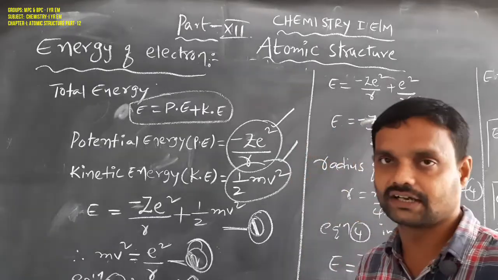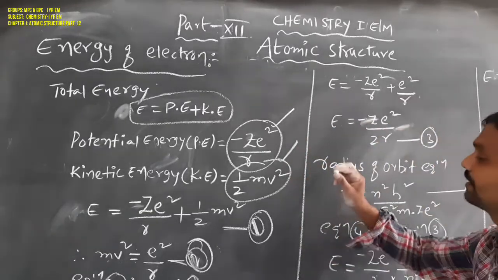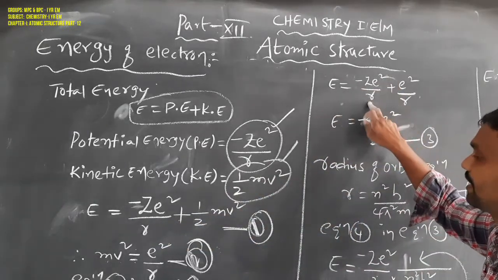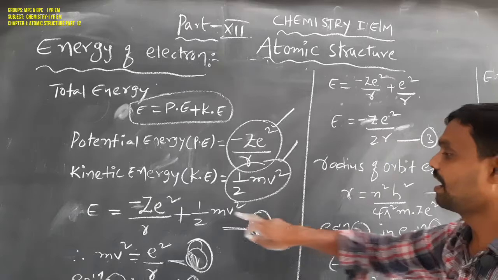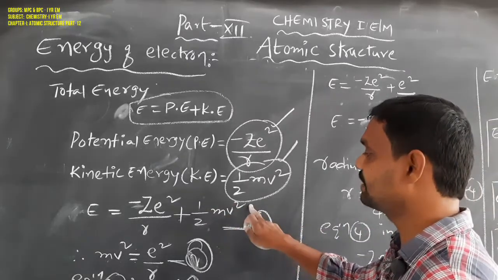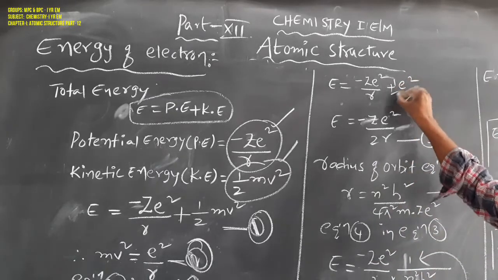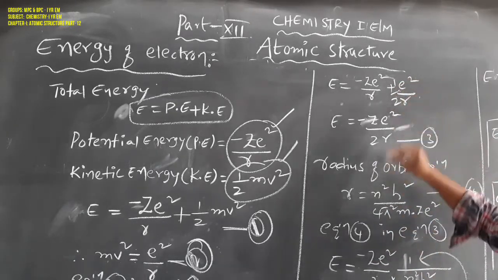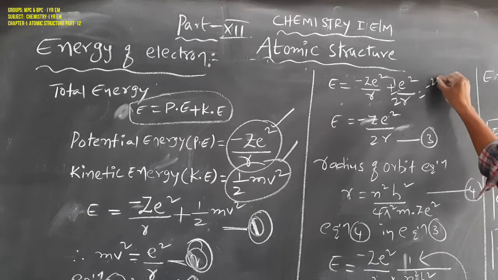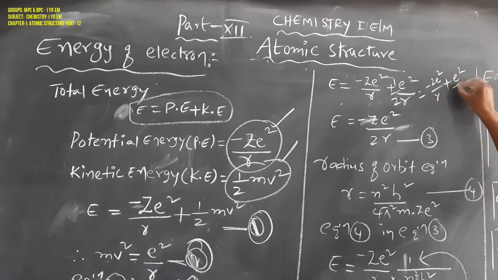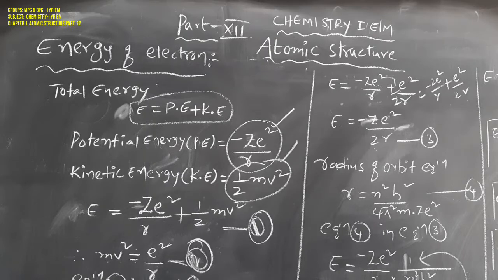Then we get E is equal to minus Ze²/r plus half mv², where mv² is e²/r, so 1/2 times e²/r. So minus Ze²/r plus e²/2r. Here 2r is the LCM.